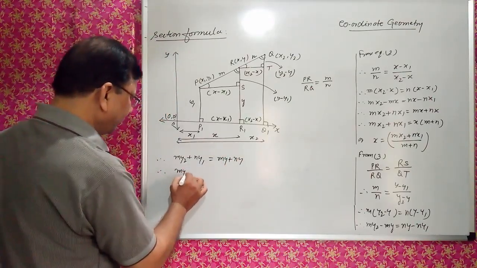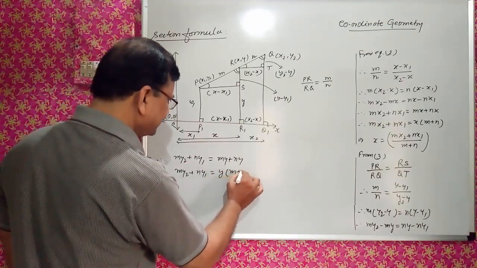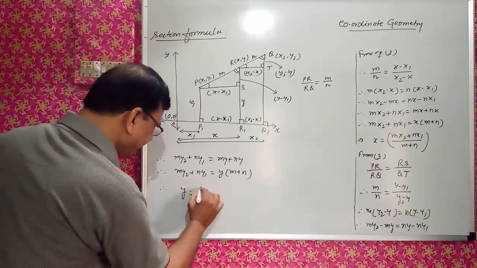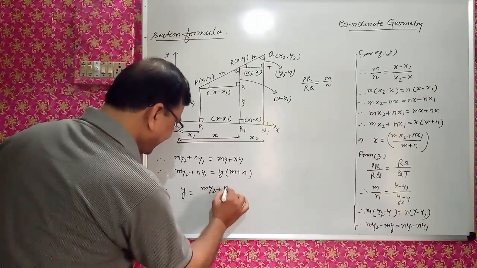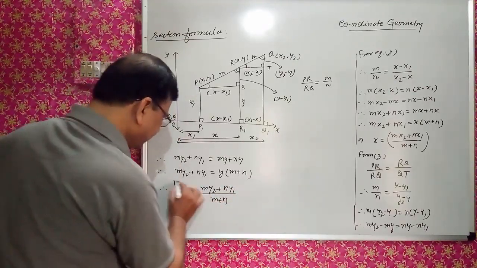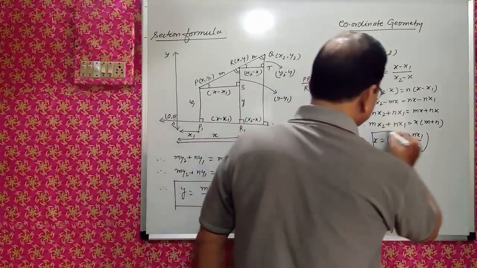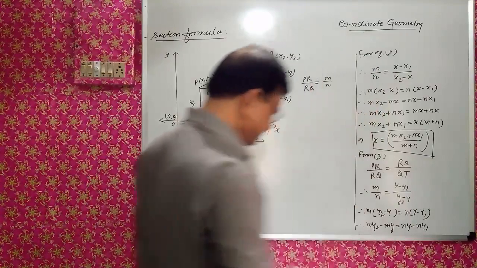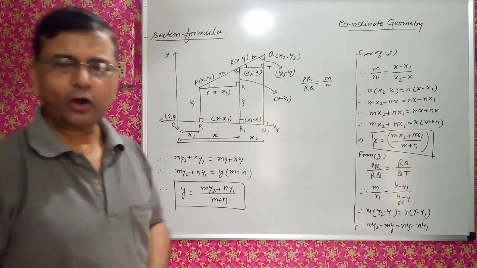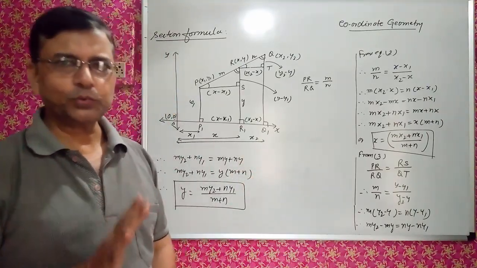Therefore, my2 plus ny1 is equal to y common (m plus n). So I will write therefore y is equal to (my2 plus ny1) upon (m plus n). So these two formulae we got, this one and this one. So this way, with this formula we can find the coordinate of the point on the line segment which divides it in the ratio of m is to n.